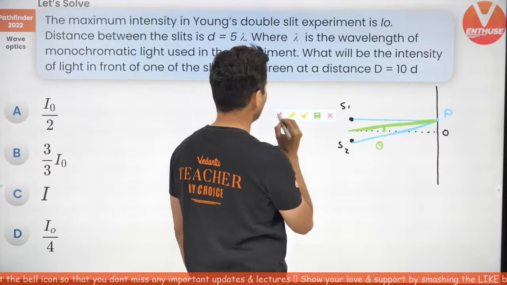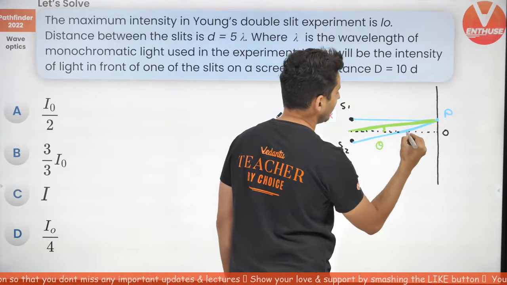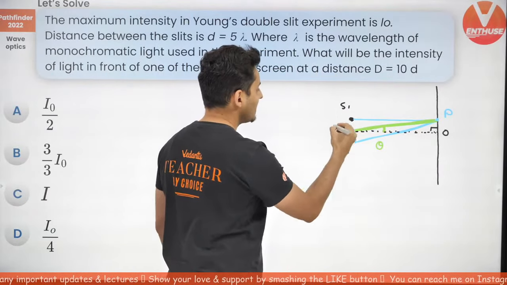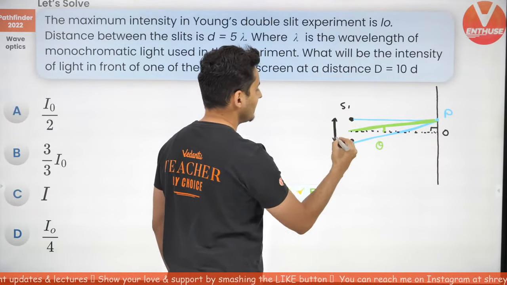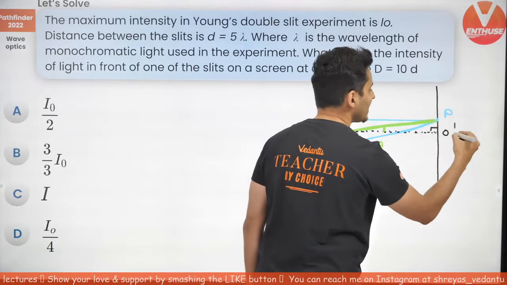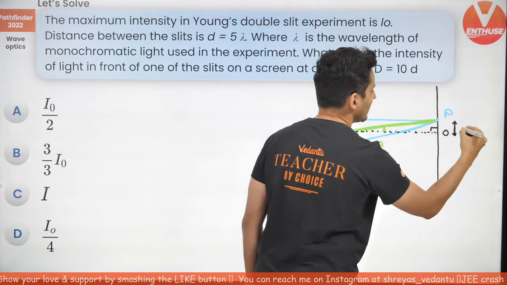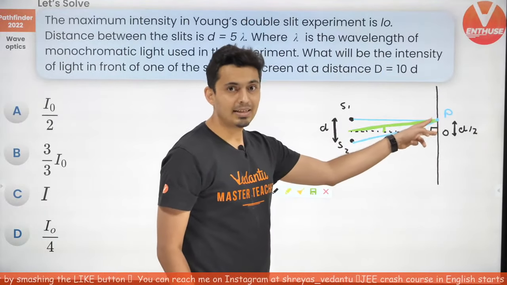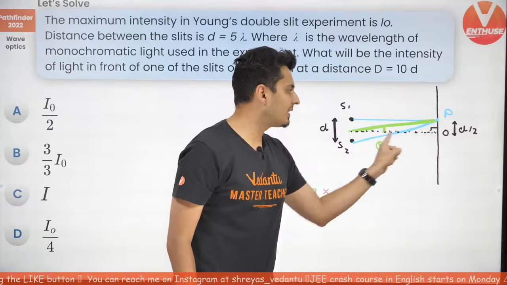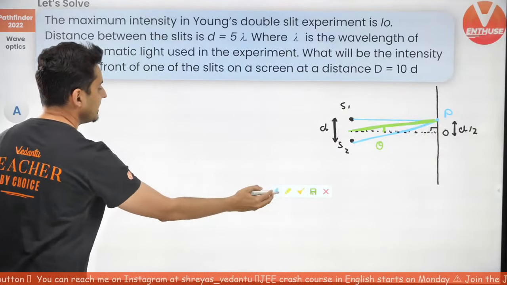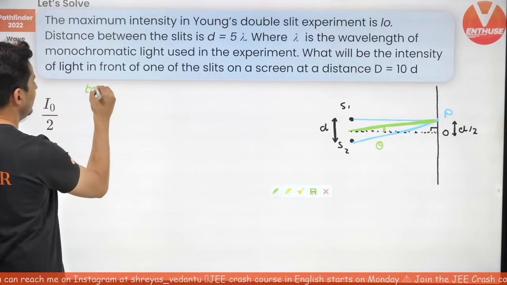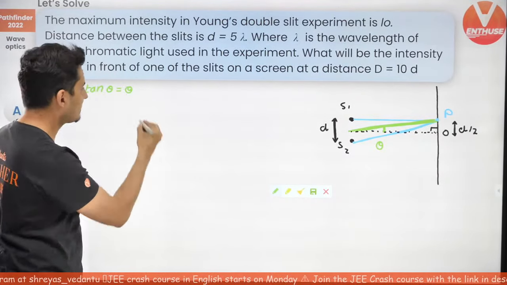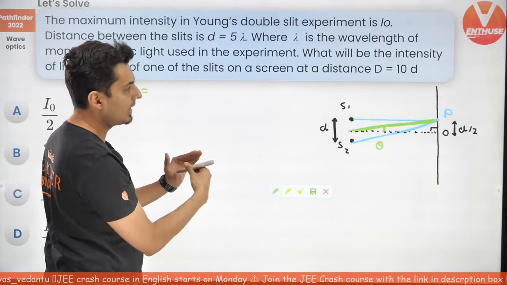Now if that is your theta, and this is the base of a right angle triangle right over here, and imagine this to be basically D. So how much is this, my warriors? This is basically D by 2. Correct? Now you can figure out what is theta. So tan theta will be equal to theta approximately, because small angles, that will be opposite by adjacent.